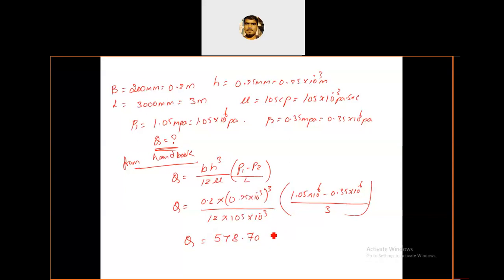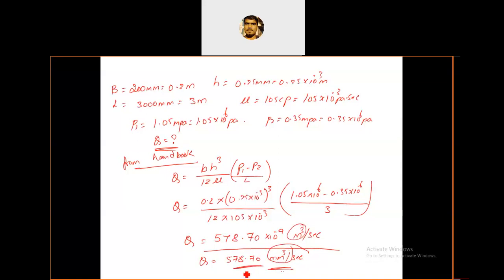If we convert that, it is 10 raised to minus 9 meter cube per second. It is in terms of meter cube and millimeter cube.